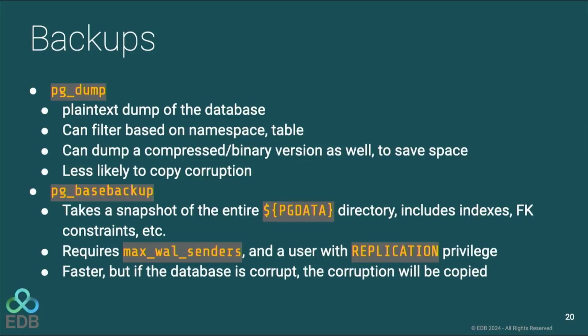This is very useful to be able to avoid copying any corruption. There are three types of corruption. There's corruption on disk, so the disk, the magnets or the switches got messed up, and that file on the disk is no longer readable.